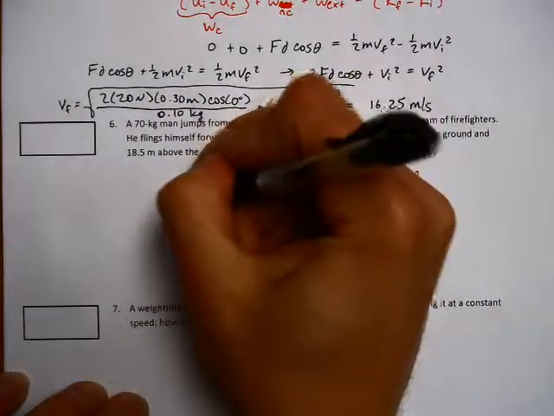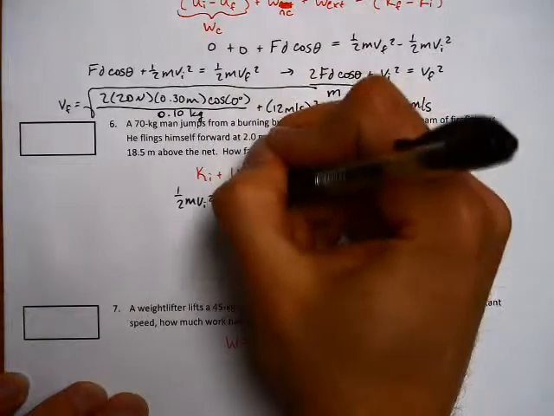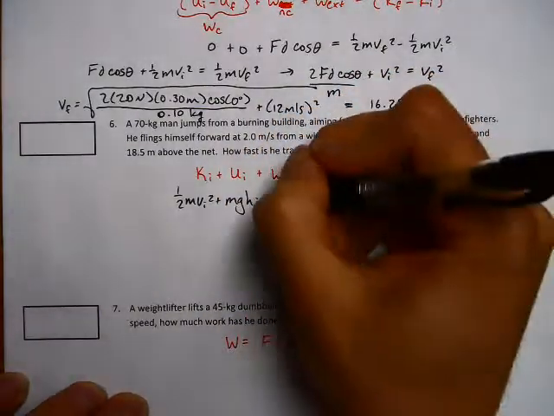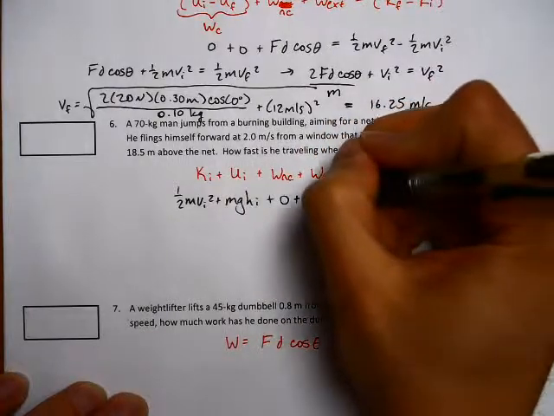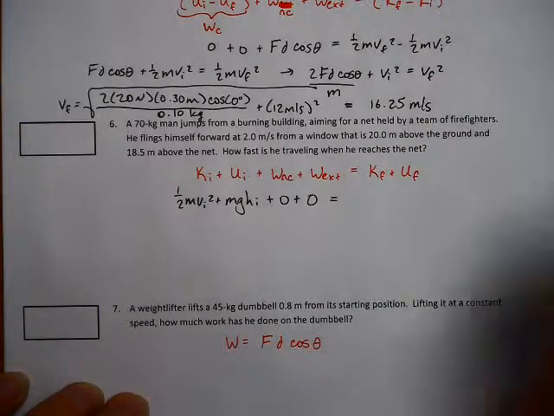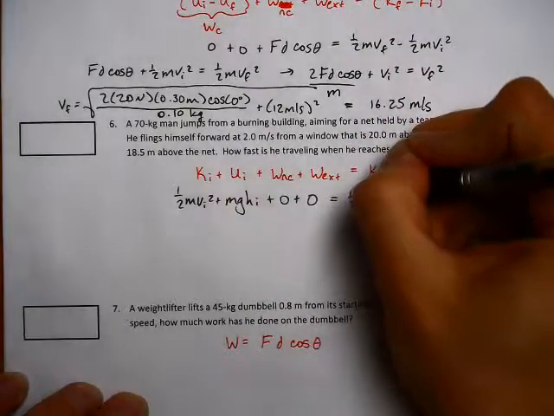He starts off with kinetic. He starts off with potential. We're going to say there's no work by a non-conservative force or an external force. And he ends up with, well, he does end up with kinetic.